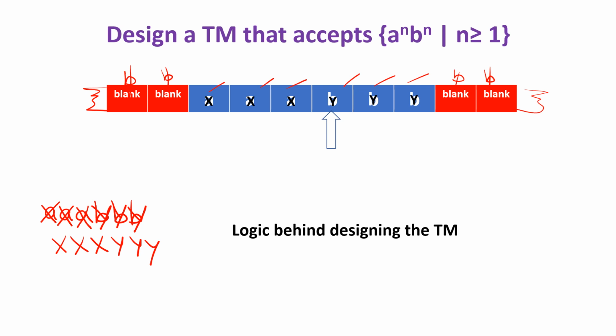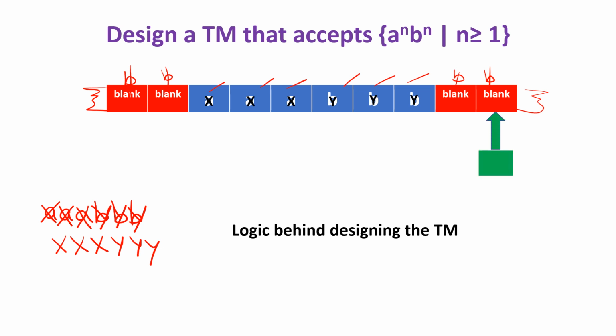If so, then in future towards the right, I must not come across any B. If I come across any B, it means the number of B's is greater than the number of A's. So in future, I must get only Y's. And after all the Y's, if I come across a blank symbol, then I must reach an accepting state.